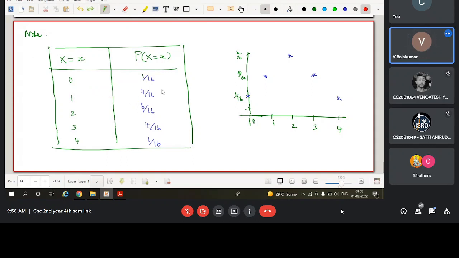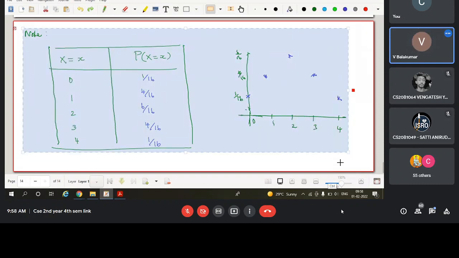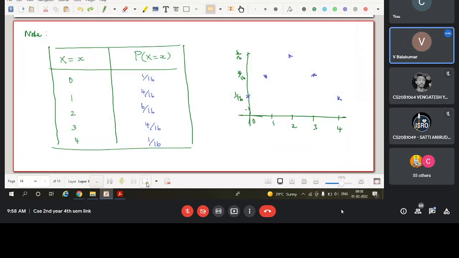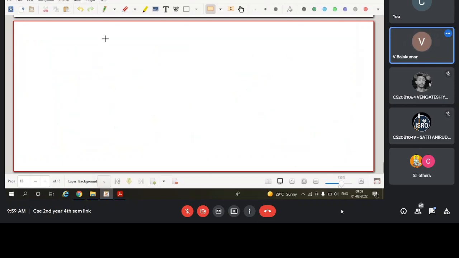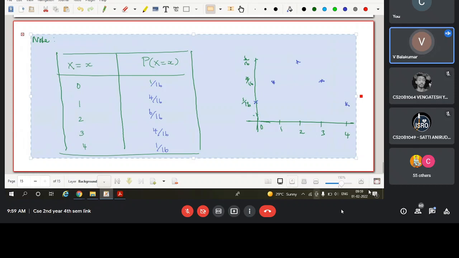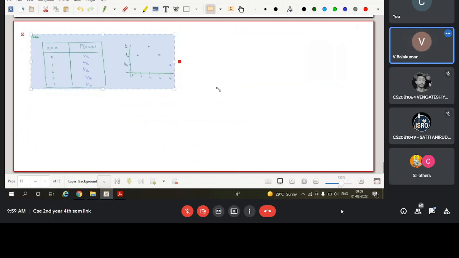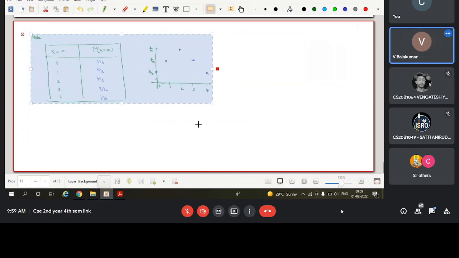The same thing we can try in another presentation also. Maybe I'll give you this rule. Instead of this, I can write the probability.